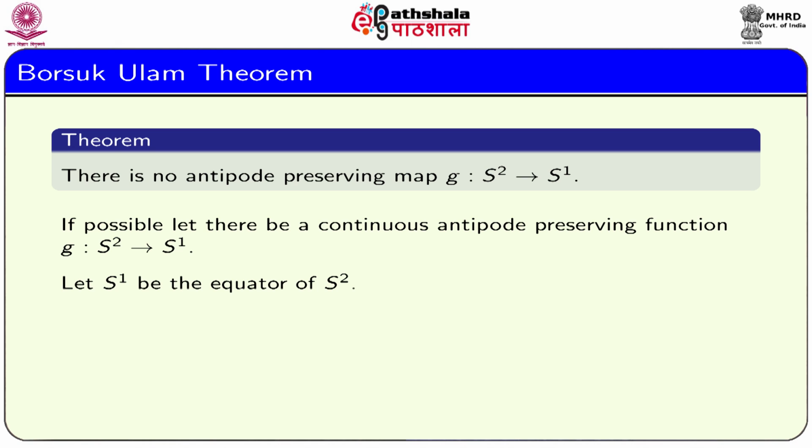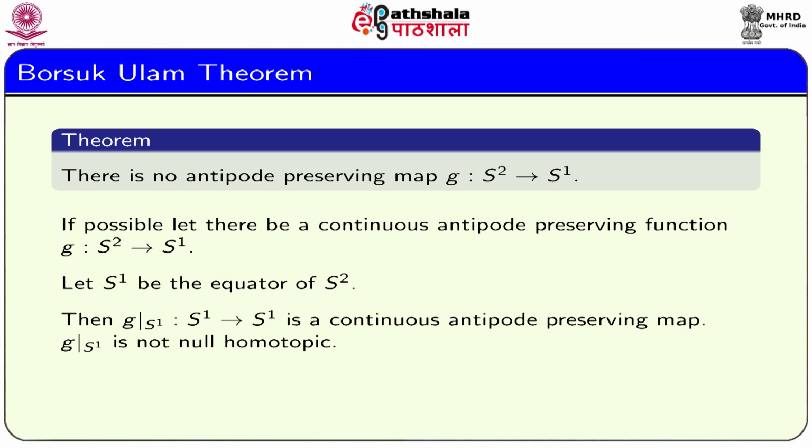We now state another theorem which says that there is no antipode preserving map G from S2 to S1. If possible, let there be a continuous antipode preserving function G from S2 to S1. Now, let us assume that S1 is the equator of S2.